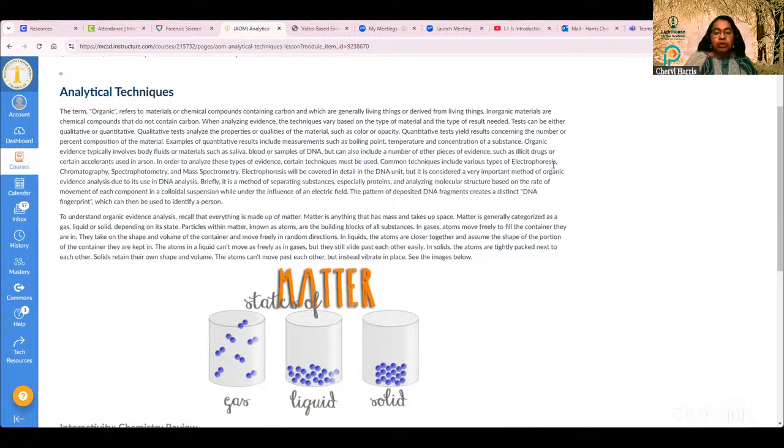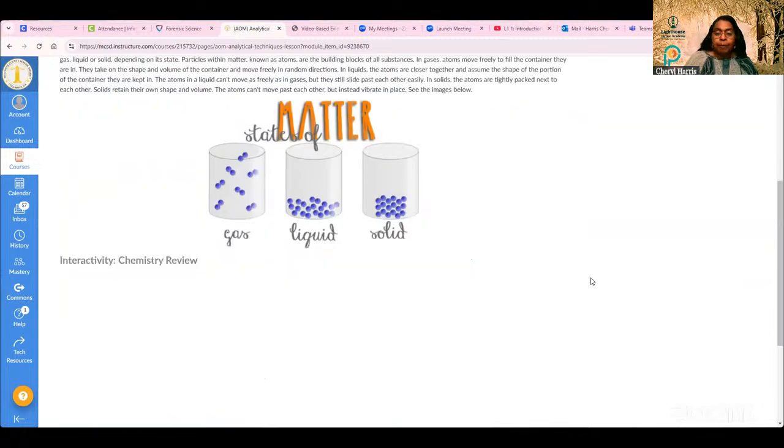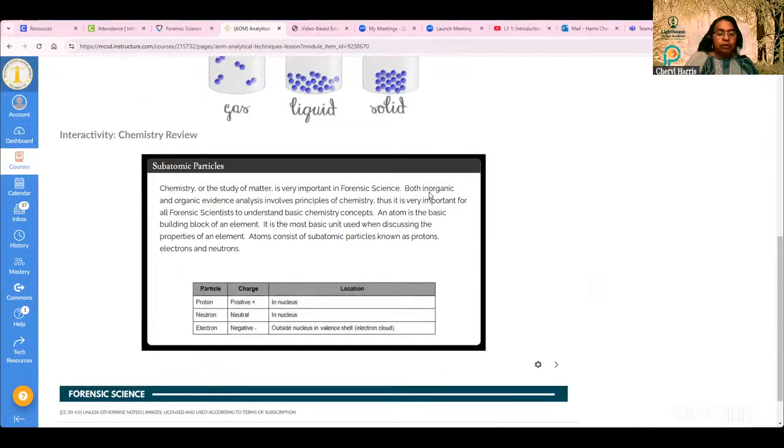And we have some tools and techniques that we're going to look at in a little while, that we use to analyze the materials that we bring in from a crime scene.